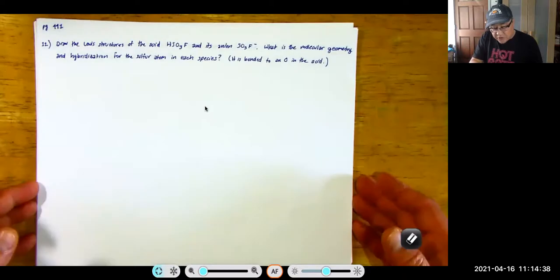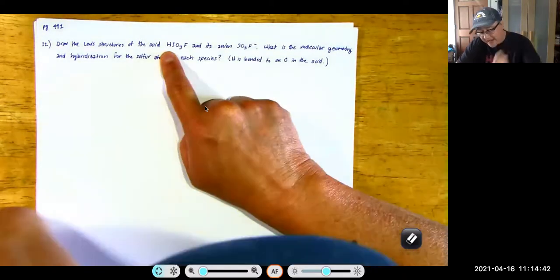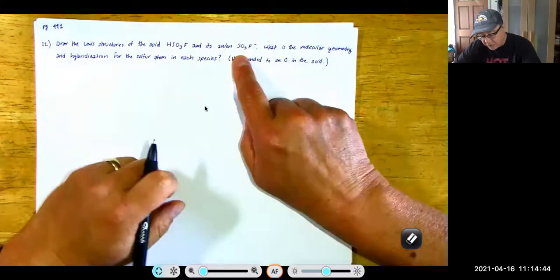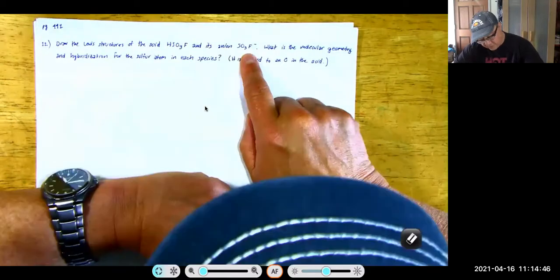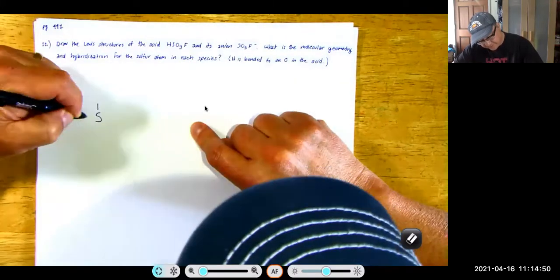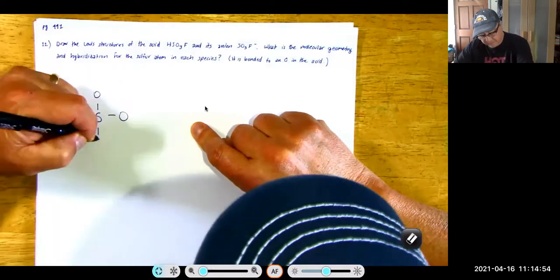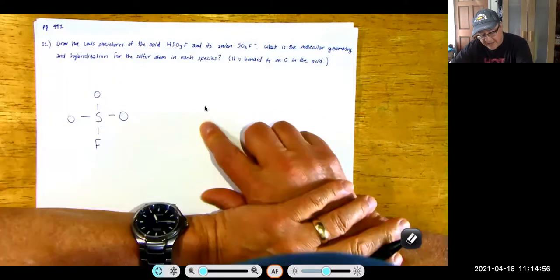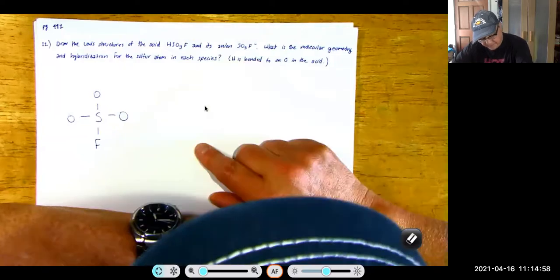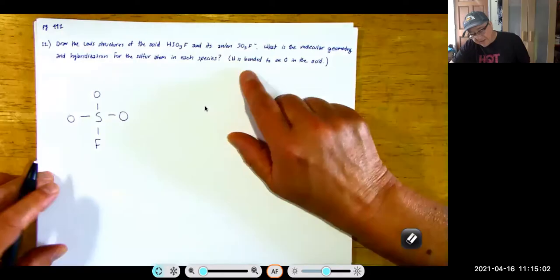Draw the Lewis structure of the acid HSO3F and its anion SO3F minus. So here we're probably going to start with the anion. How many electrons in SO3F minus?